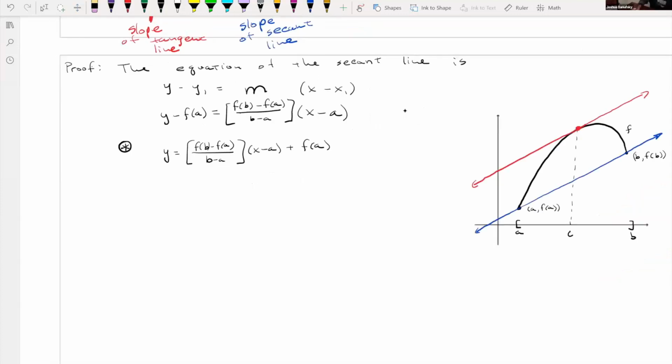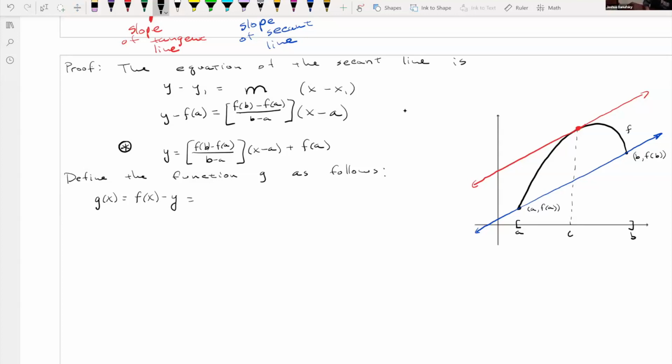All right. Now we're going to define a new function. Define the function g as follows. g of x is going to equal the f of x function minus y, and the y being the y above, right?